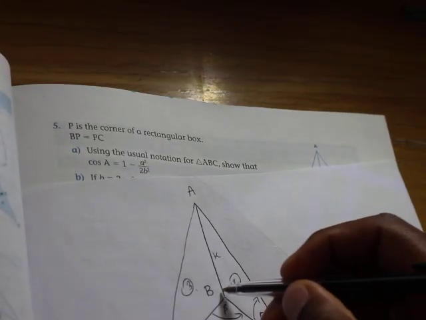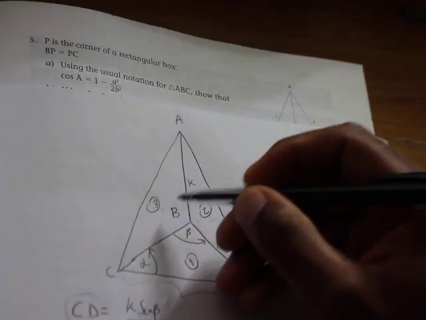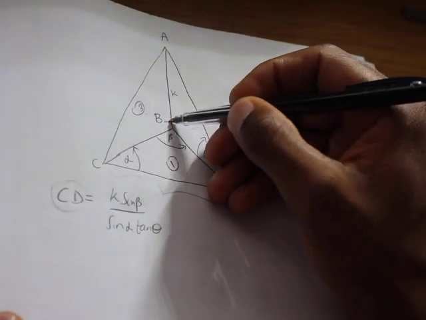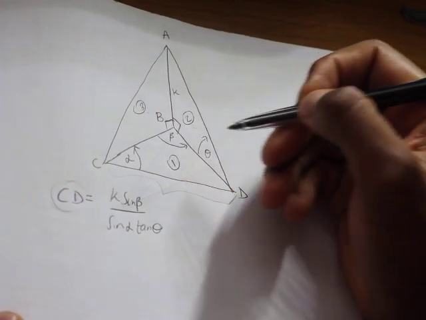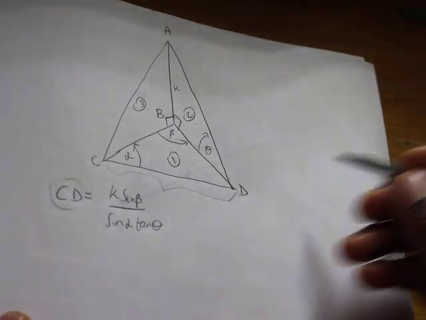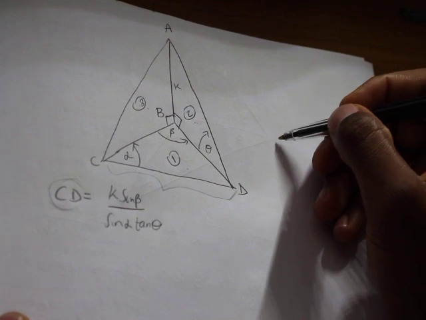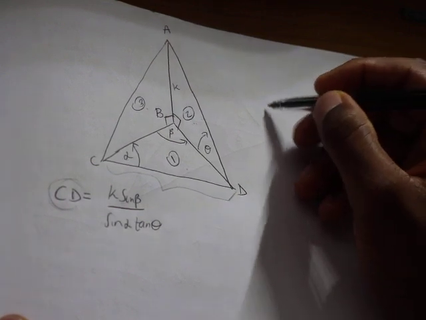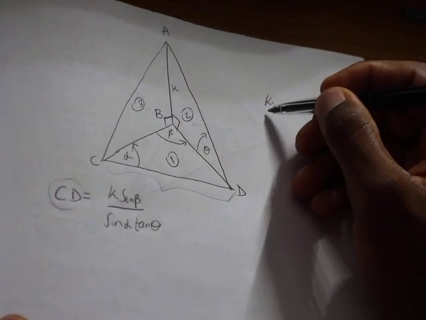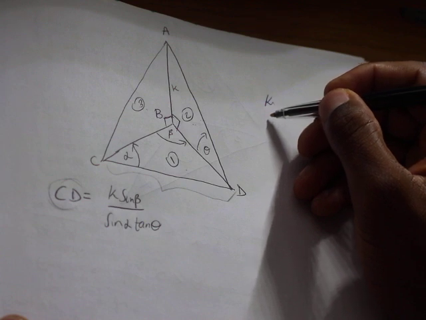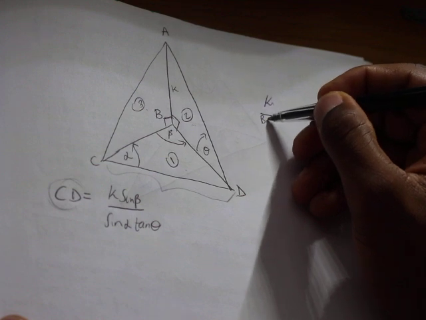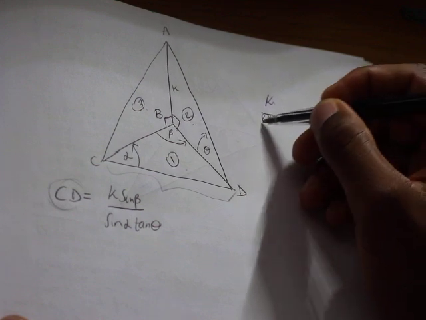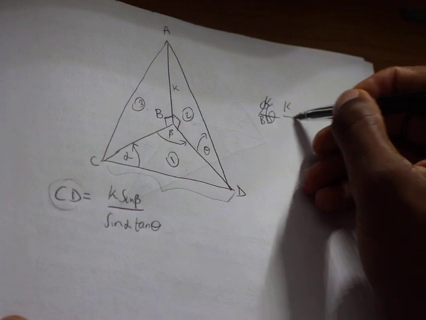So now that means this is the thing that we've been missing. This is 90. Also that's 90. And if that is 90, then that makes things easier for us. So K over BD.